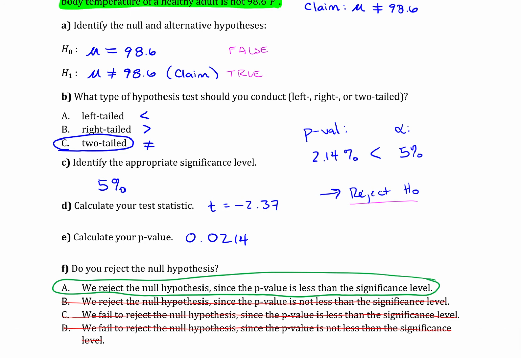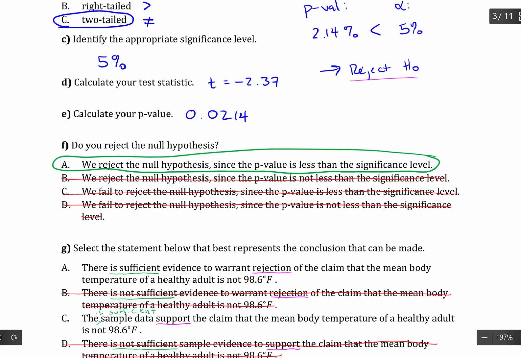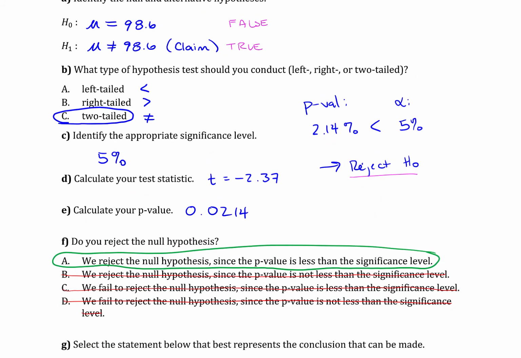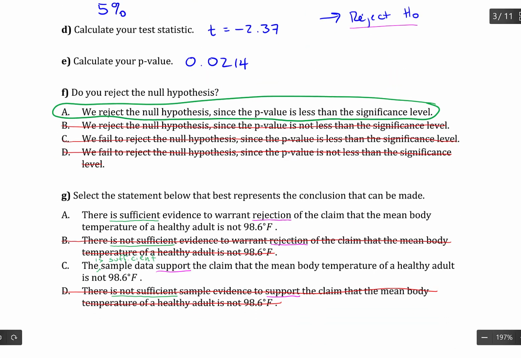And that statement, the alternative, also happens to be the claim. So if we're saying the claim is true, then we're in support of it. That's kind of the logic of what's happening in the second blank, but you can also really just say, if the claim is in the alternative, you're trying to support it. If the claim is in the null, you're trying to reject it. So that means we can throw out A because we are not rejecting this, and choose item C in this case.